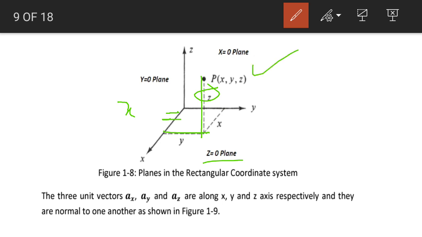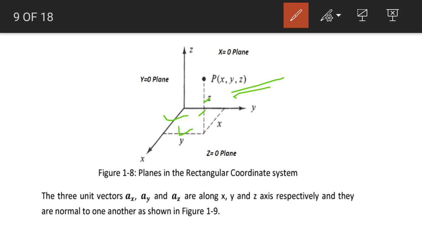So we reach this point, which is represented by P. So this is how we find out the location of a point in the rectangular coordinate system.